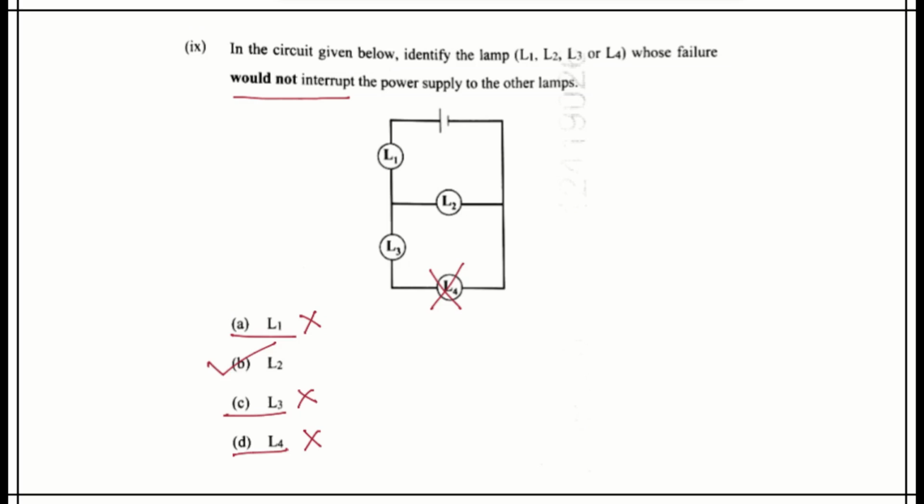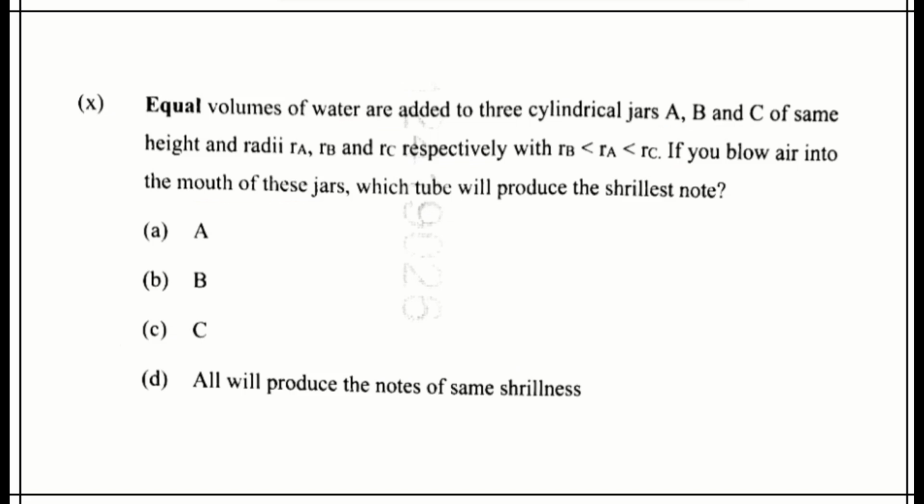Next. Question number 10. Equal volumes of water are added to 3 cylindrical jars A, B and C of same height and radius RA, RB, RC respectively, with RB less than RA less than RC. If you blow air into the mouth of these jars, which tube will produce the shrillest note?